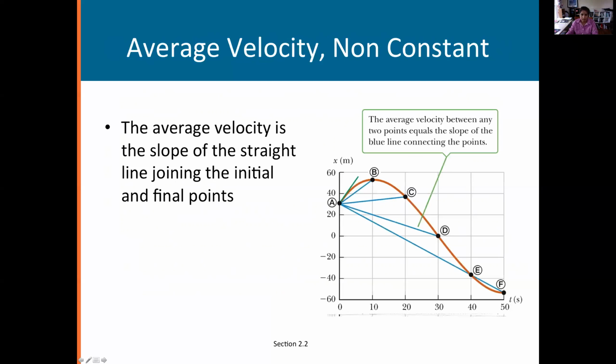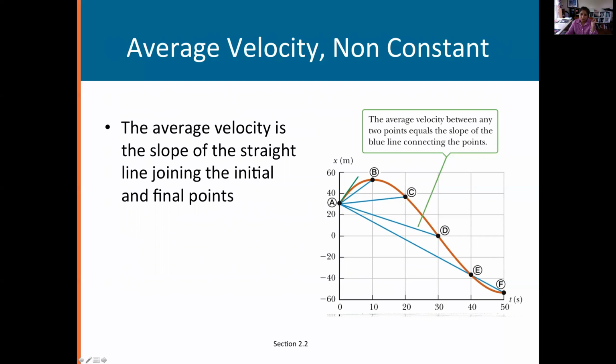Okay. Let's look at another one where it's not moving at a constant velocity. So this is another position time graph, okay? And this goes from A to B to C, D, E, F. This is actually the previous car that we had seen in an example before in the displacement case. A to B, it's not moving in a straight line, it's moving along this curve, okay?